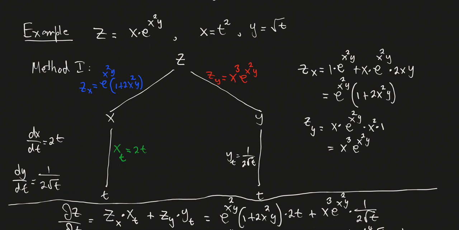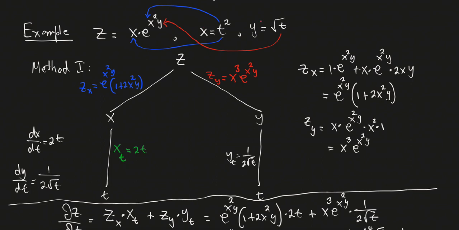Why don't we just cut out the middle pair? What if we just took out the x and y? Wherever there's an x, why not just put in the t squared? Just do the substitution at the start. And wherever there's a y, why not put in the square root of t?